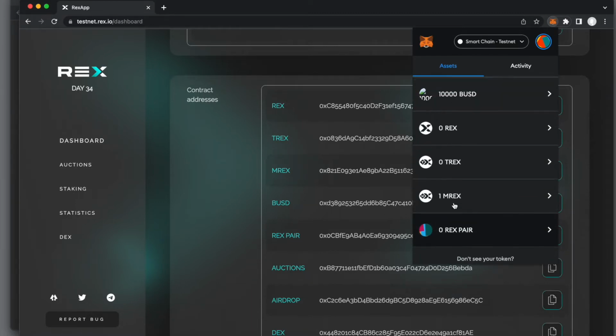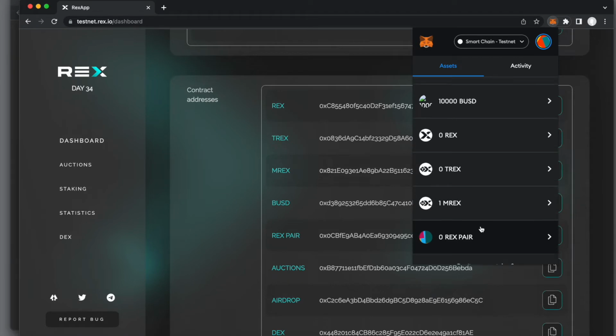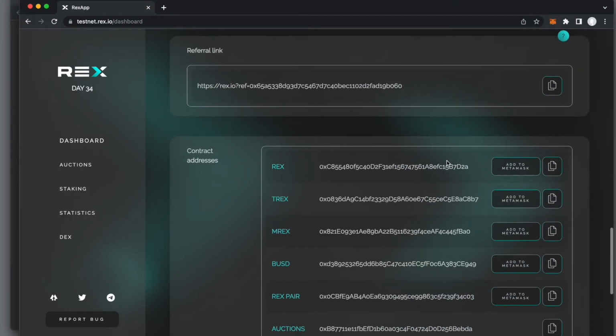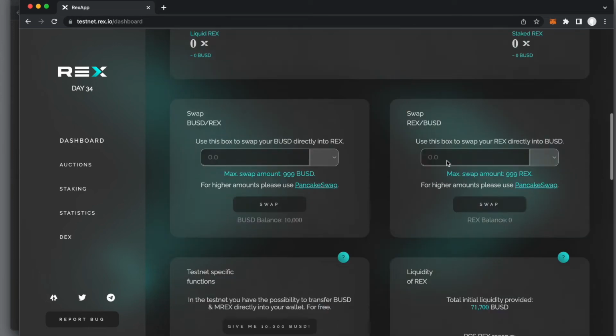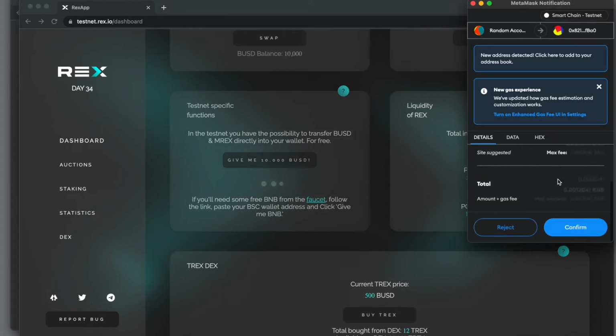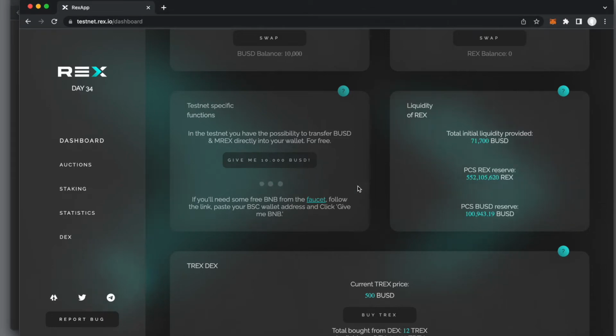You do need to do that in every wallet that you have, so it can be a little tedious, but okay, there's the 10,000 BUSD I got, and there's the 1 MREX I just got. So I'm going to get another 4 MREX because you need 5 MREX to get the maximum rewards. So I'll just do that. Okay.